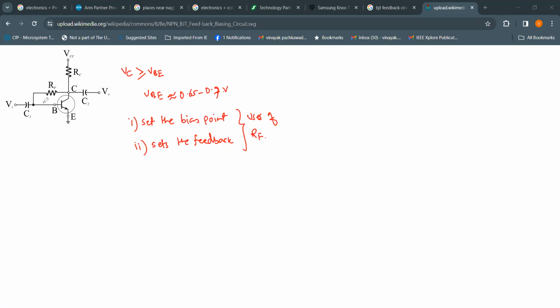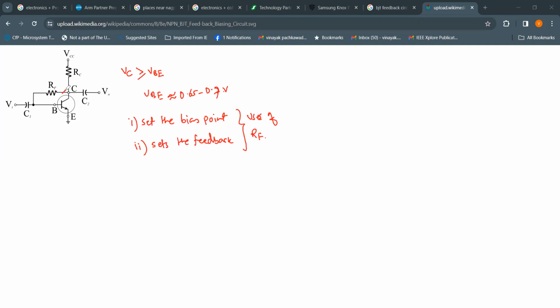That current is actually becoming IB here. For a moment, we assume there is no feedback. So the current here is IB. Now the current here is IE, that is the emitter current, and the collector current IC is flowing in the collector pin, which is nothing but the current flowing through RC.